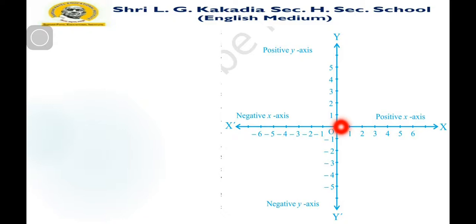So from the origin, the right side of the x-axis is the positive x-axis, and the left side is the negative x-axis. And for the y-axis, if we move upside, then we can find the positive y-axis, and if we move down, then we can find the negative y-axis.